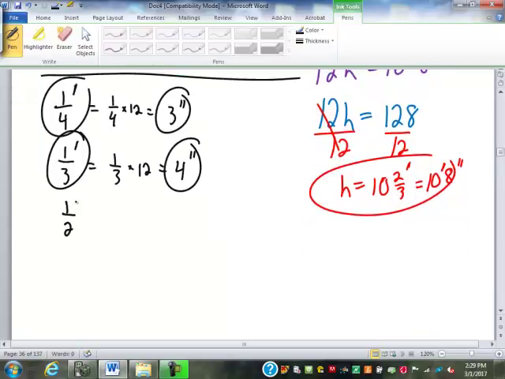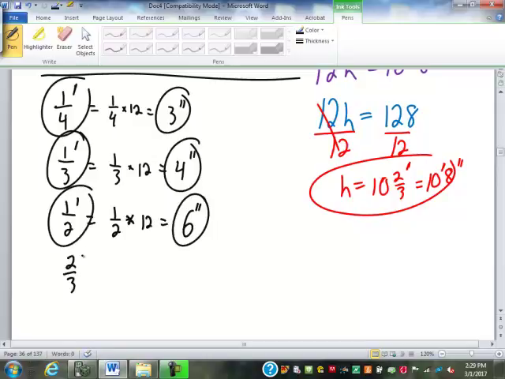One half of a foot? Anybody tell me how many inches are in half a foot? 6 inches, good. Next would be 2/3 of a foot. 2/3 of a foot is 2/3 times 12. That's the 8 inches that we just saw up here.